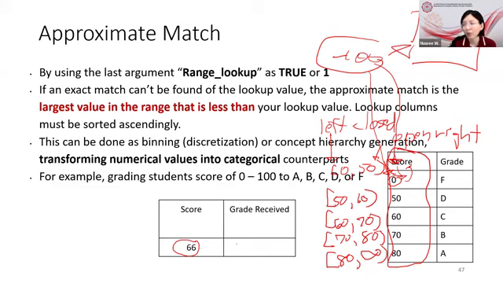We look up to search, so it's search 66, no, 66, no, 66, no, 66, no, but it's 70, already over 66, so it goes back one step and says, okay, then 60 will be the match, which is the largest value that is less than 66, and then it will return grade C.